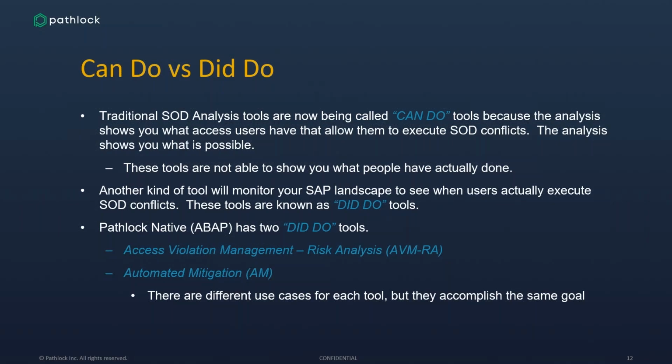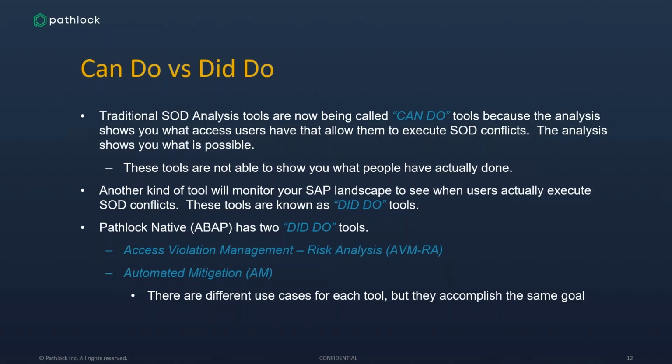Even if you had SAP All, that doesn't mean you're going out and actually doing things. You've got the ability to do it. I don't know what it is now, but the last time I remember, if you had SAP All and the basic SOD rule set, you're going to end up with 100,000 violations for each person that had SAP All. Again, maybe it's changed a little bit. It's a little old information, but you still get a lot. With SAP All, you can do a lot of things. So that's what these tools are. They're can do.